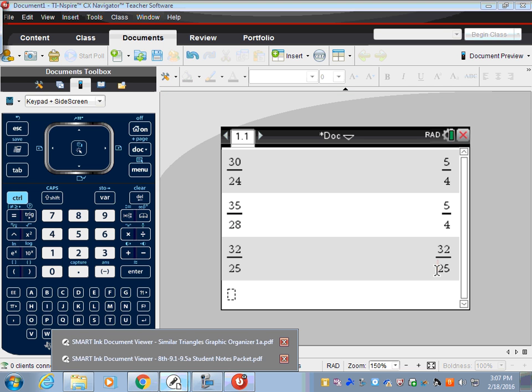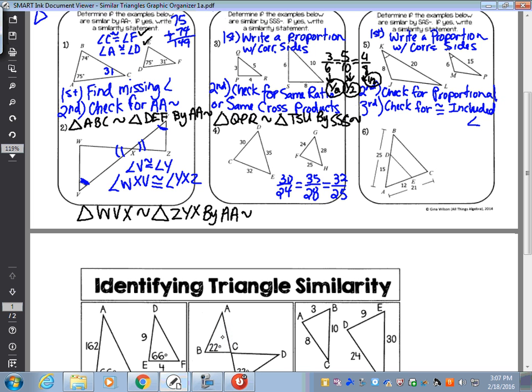So the minute I find the one that doesn't match, I can stop. Because I know this is 5 fourths, 5 fourths, but this one did not reduce. Well, because one is even and one is odd. And then what I'm going to say is not similar, and we're done. I can't use side, side, side. I just proved that they're not similar.